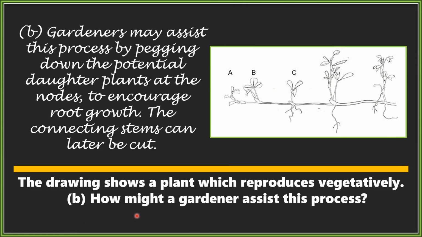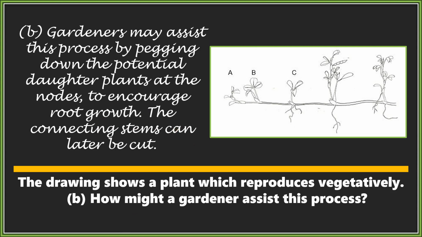B. How might the gardener assist this process? The gardener may assist this process by pegging down the potential daughter plant at the nodes to encourage root growth. The connecting stem can later be cut.